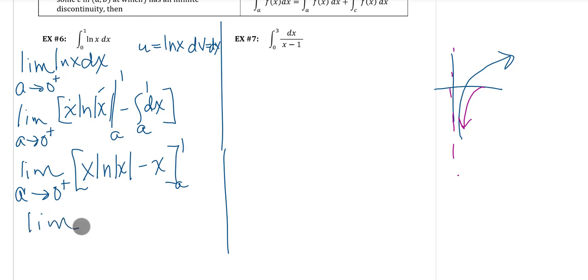So we get the limit as a approaches 0 from the right of, we're going to substitute, and we get 1 times 0, because ln of 1 is 0, so that's going to be 0, minus 1, and then minus, doing the lower limit, we're going to have a ln of a minus a. Let me make this a bracket. It'll be a little easier to see.